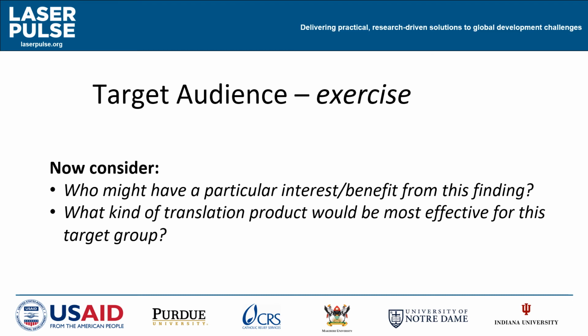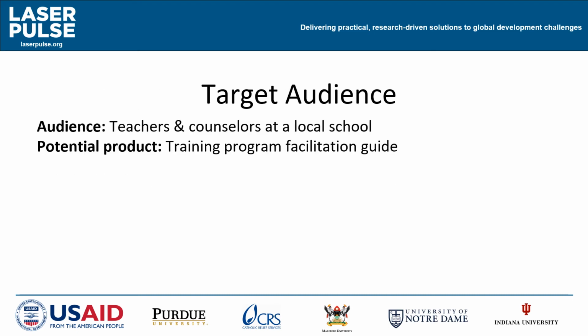Now consider, who might have a particular interest in or benefit from this finding? And what kind of translation product would be most effective for this target group? Possible answers could include teachers and counselors at a local school as your target audience, with a training program as your product.